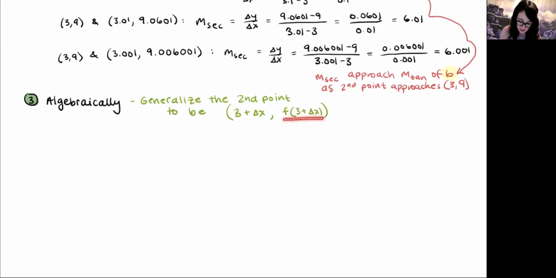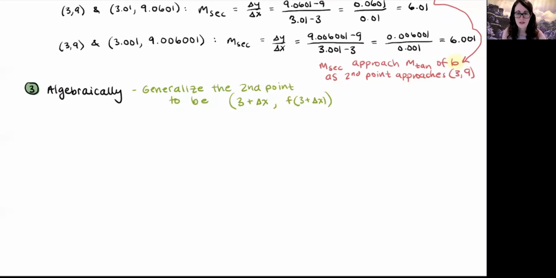So what we'll do now is build the secant line slope through this second point and the point that we are interested in, which again is 3,9. The secant slope between this point that we've generalized and our original point is still going to be the change in y over change in x.